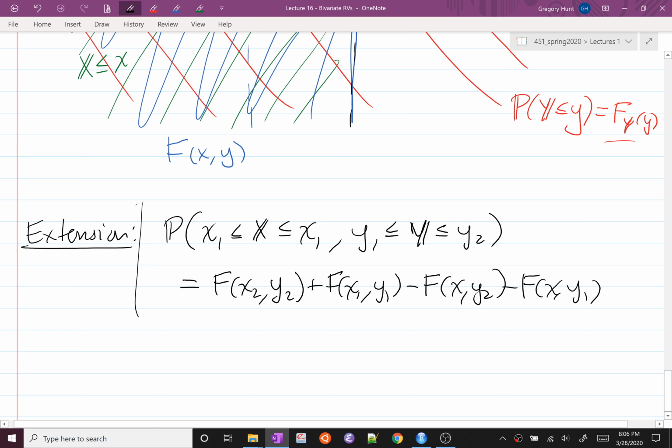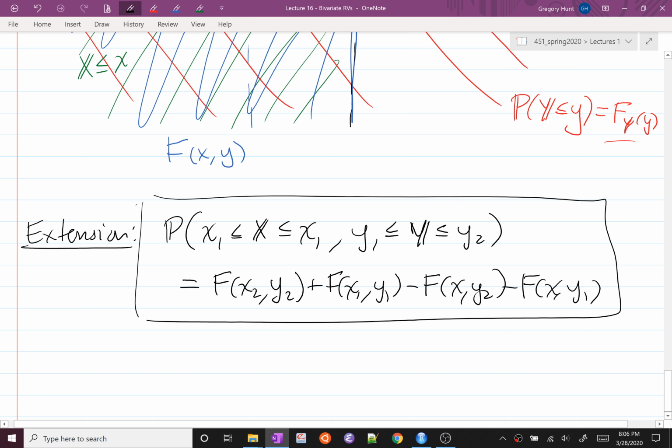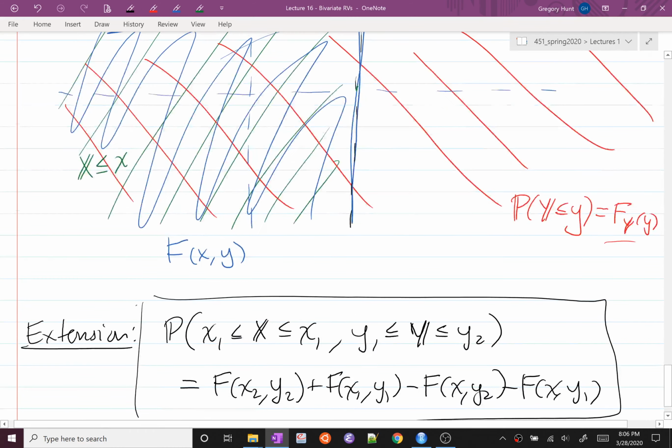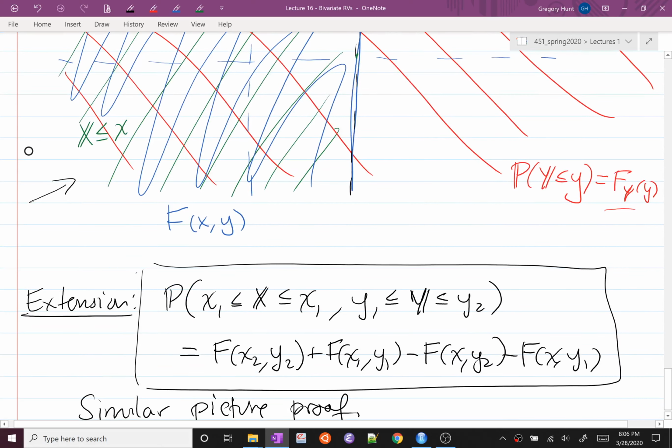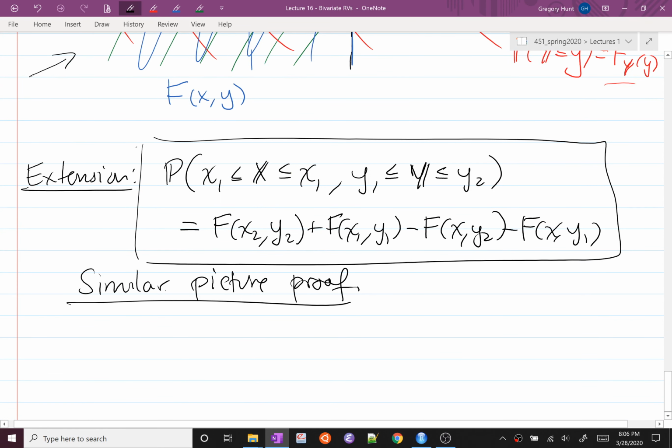We can do this with a similar picture proof, and you can think about how to convince yourself that this formula is true. It's going to look just like this picture proof up here, but with a bunch more regions you have to keep track of and add and subtract. But it's a similar kind of formula.